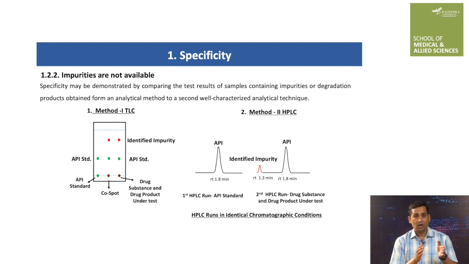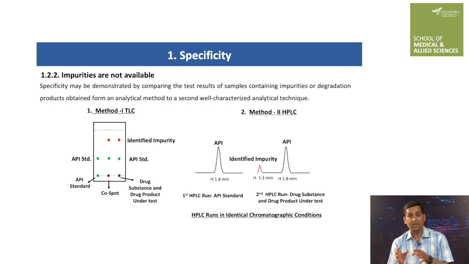I used the word co-spot in the last sentence. What does it mean? Co-spot means at the same spot on TLC you put the API standard and the drug substance or drug product under test. After spotting, we develop a TLC chromatogram and calculate RF values. This is how we can identify the impurity.